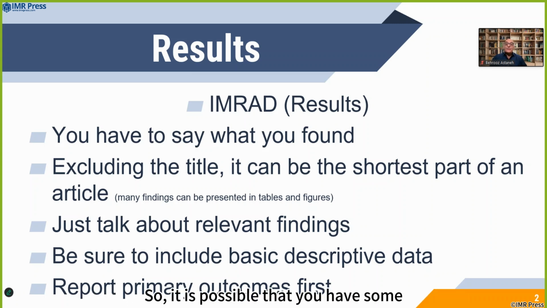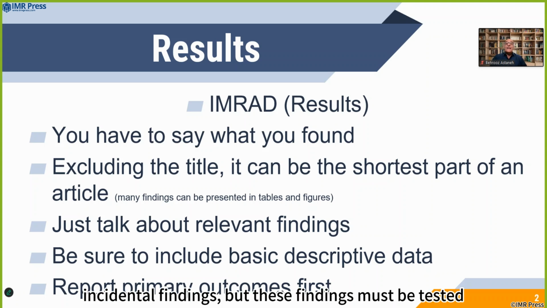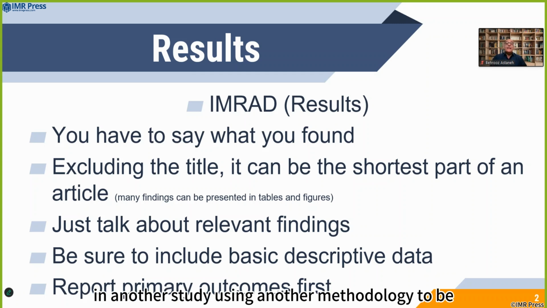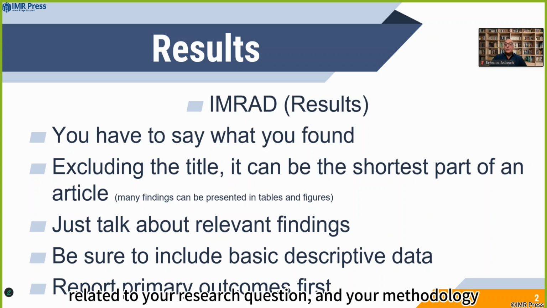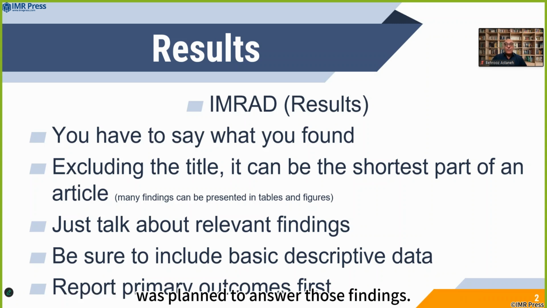It is possible that you have some incidental findings, but these findings must be tested in another study using another methodology to be sure that they are correct. So just talk about those findings that are related to your research question, and that your methodology was planned to answer.